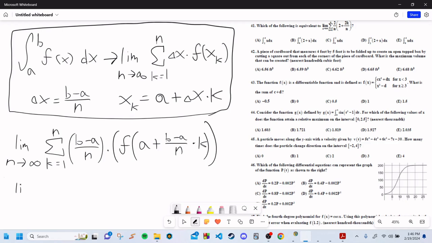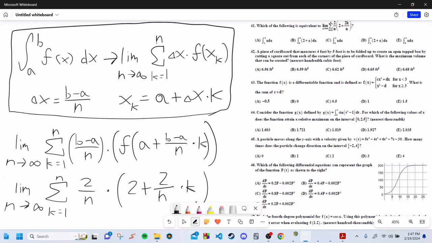Now let's compare this with what we got in the problem. Our problem lists out the sum as 2 over n times 2 plus, I'm going to write it as 2 over n times k. So it kind of looks more alike.